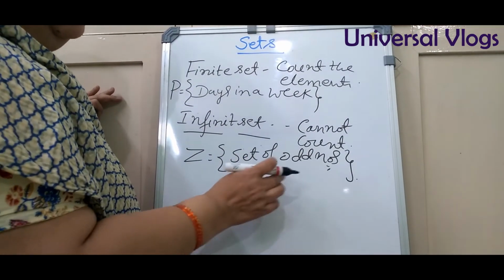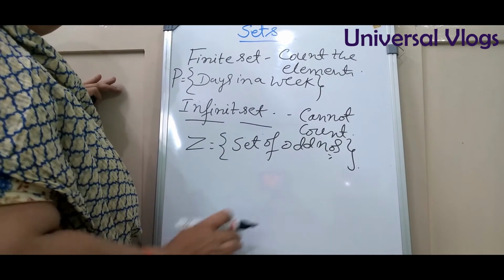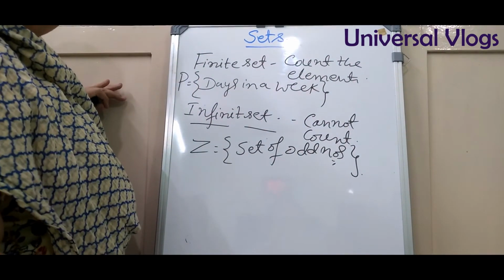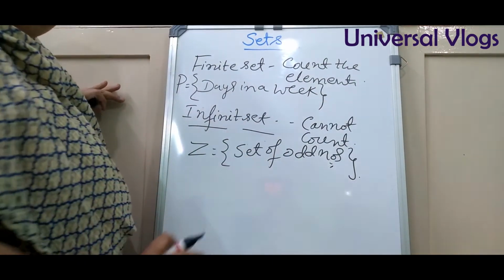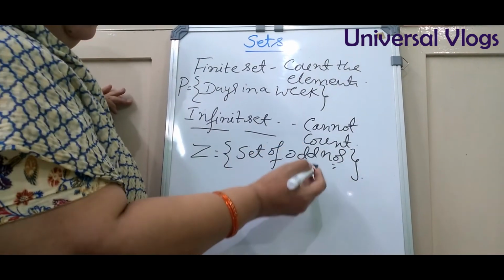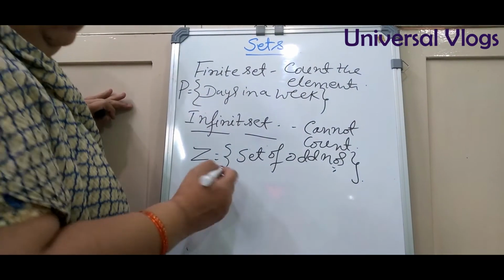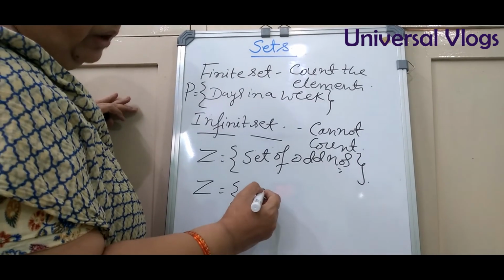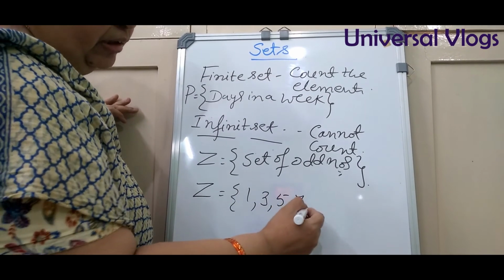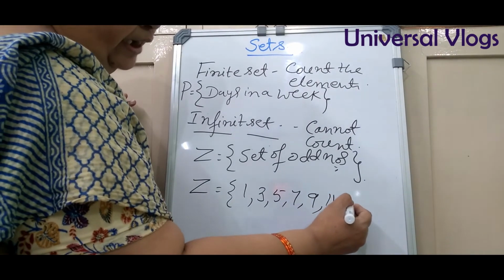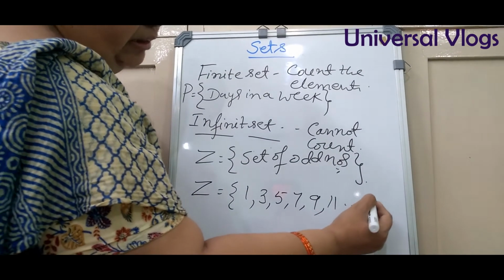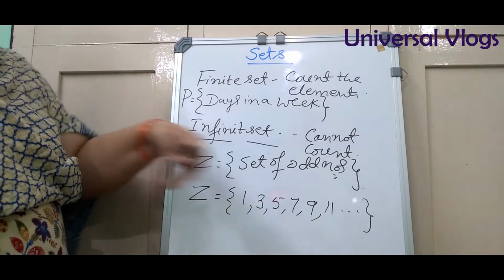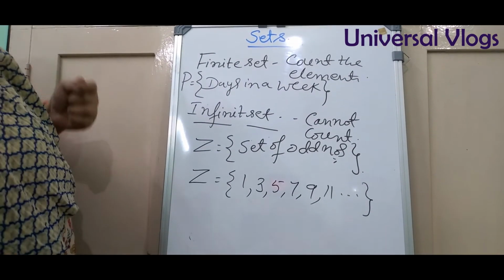Is it 1, 3, 5, 7, 9, 11, 13, or 27, 29, or 58, 59, or 551? We can go on giving many odd numbers, so it is an infinite set. We can write this as {1, 3, 5, 7, 9, 11, ...}. Three dots, etc., means we can go on writing like this. It is an infinite one, which means we cannot count the number of elements.